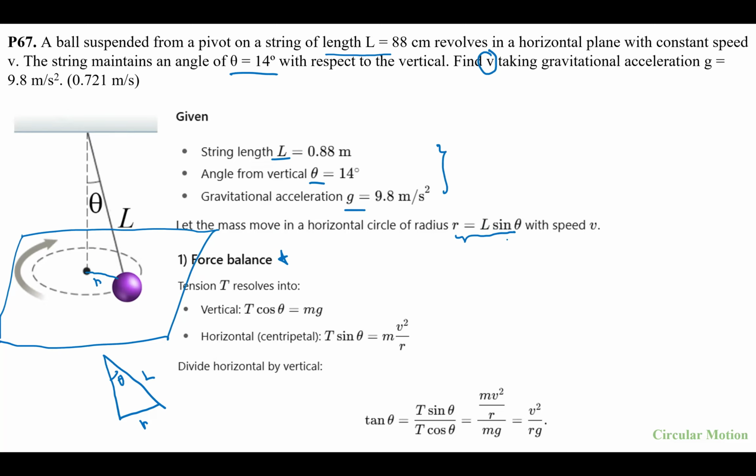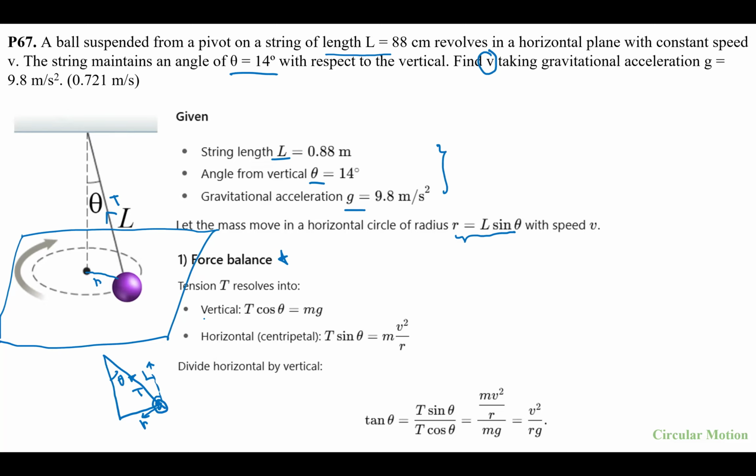Once it is hanging by this string, there is a tension, always pointing away from the object. If you look at it more carefully, the tension has two components: a vertical one and an inward horizontal one.